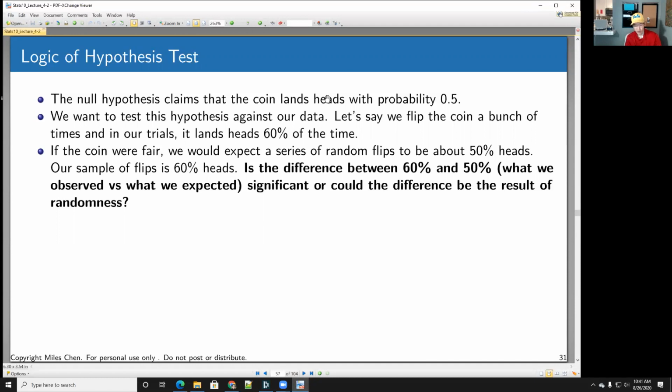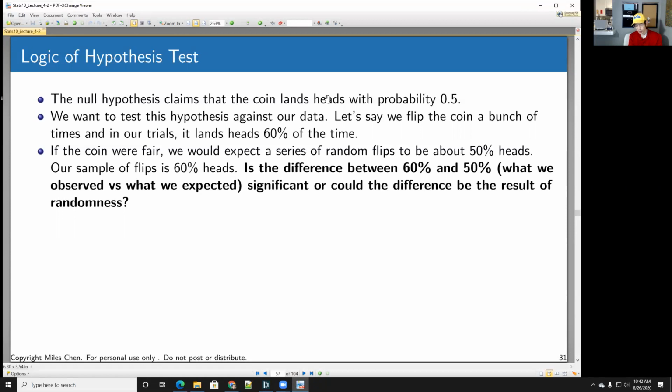And so the question we're asking is, is this difference between observing 60% heads versus what we expected, 50% heads, significant? Or could that difference be the result of randomness? Because every time I flip the coin, it's subject to randomness.